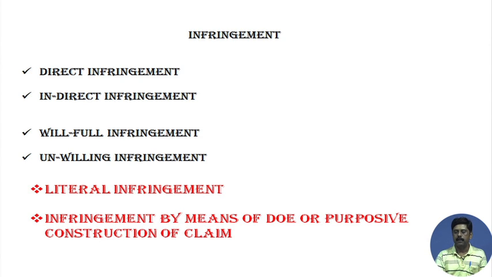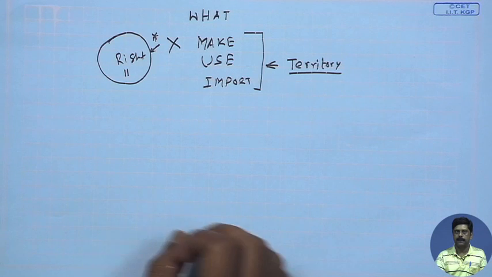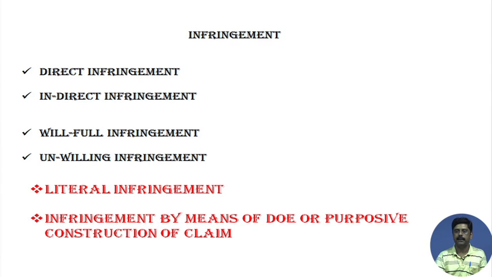Now the make, use, import may happen in different ways: direct, indirect, knowingly, unknowingly.